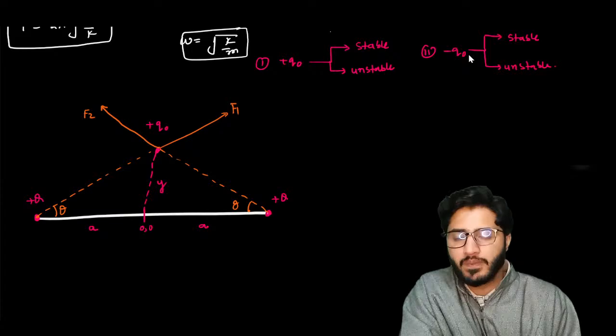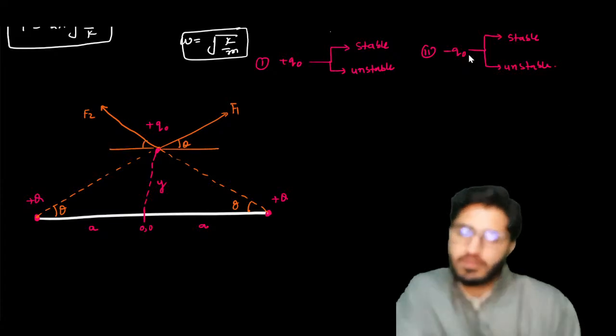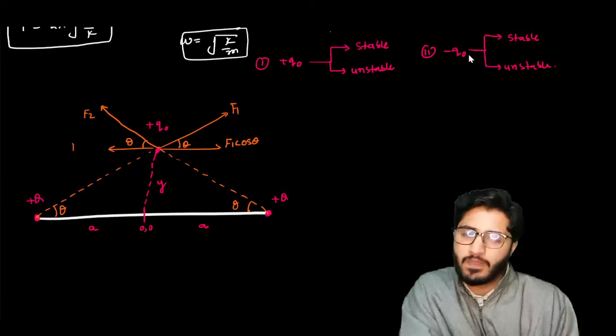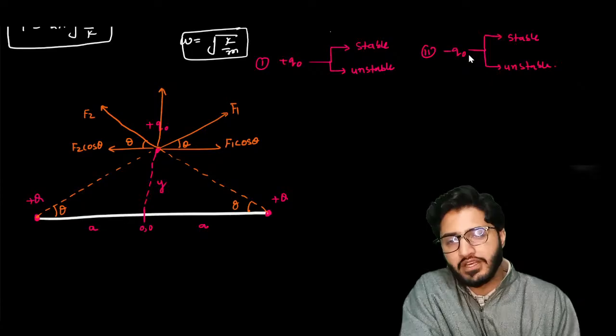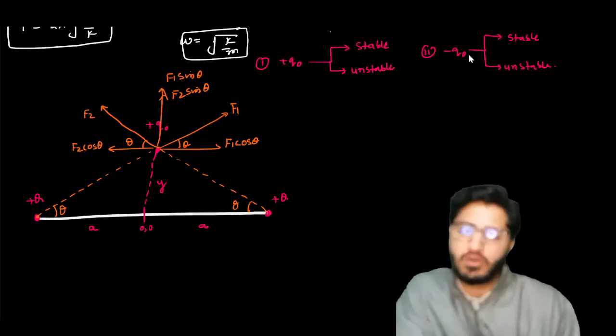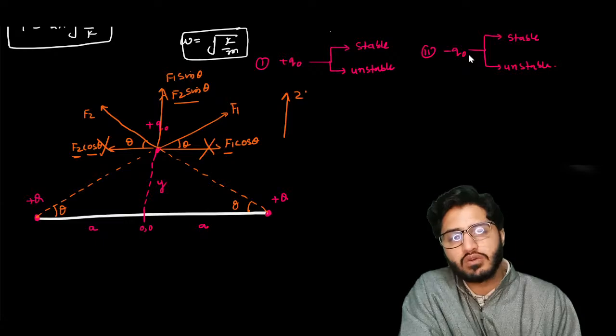Sir, it would be F1 cos theta and F2 cos theta. One component here, sir, it would be F1 sine theta and one more F2 sine theta. Look, F1, F2 same magnitude, cos theta same, so these two will get cancelled out. So my net force will be upwards, so it would be 2F sine theta.